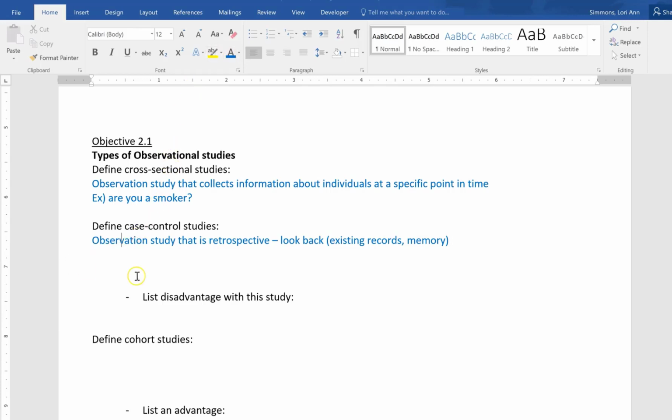So let's think of maybe an advantage of case control over cross-sectional. With a case control study, we have a control group. So there is a control and research group.